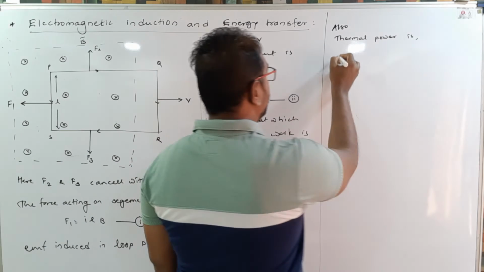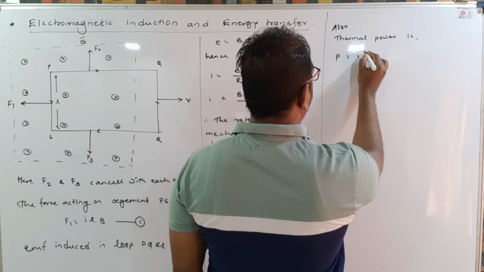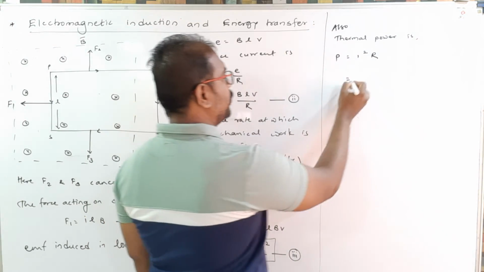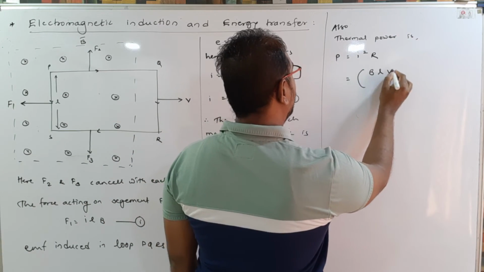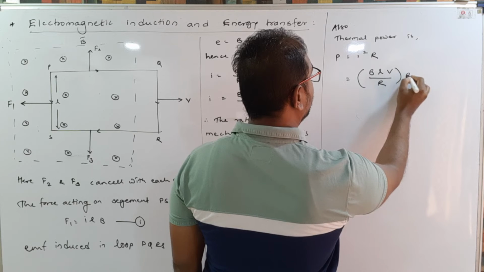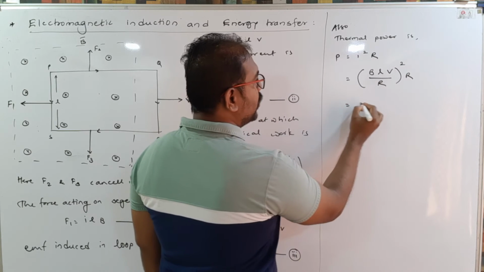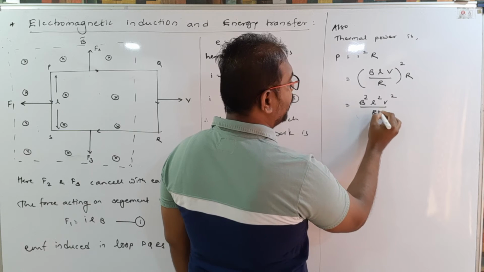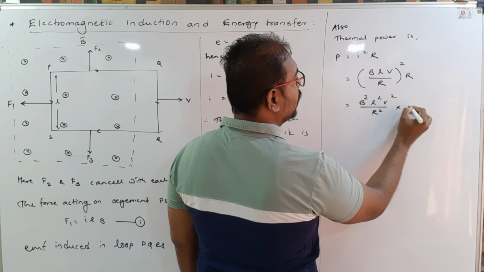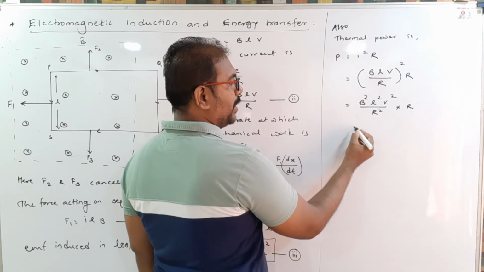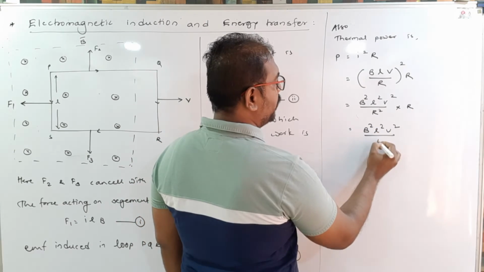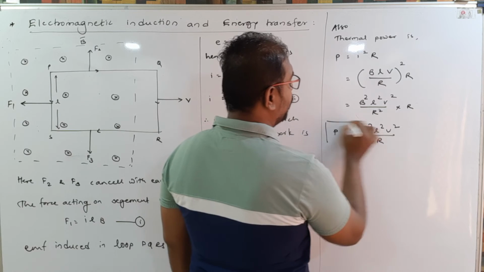Power is equal to I square R. This is the formula of power. We have I equal to BLV divided by R, squared, into R. So we get B square, L square, V square divided by R square, into R. One R from R square gets cancelled, so B square, L square, V square divided by R. This is the thermal power.